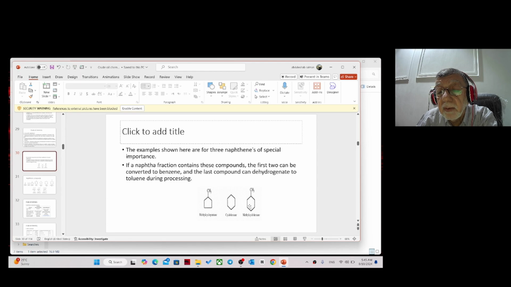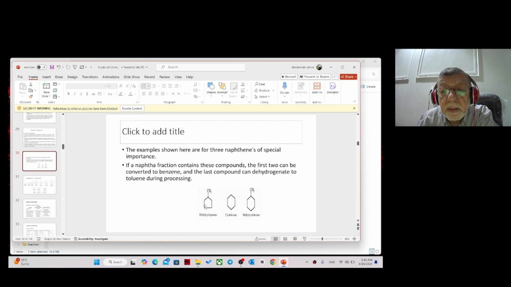And also here we have C7H14. So when it loses 6 hydrogen atoms, there are double bonds here, so it becomes C6H6, and this is CH3, so it becomes methyl benzene. This becomes benzene, and this becomes methyl benzene.